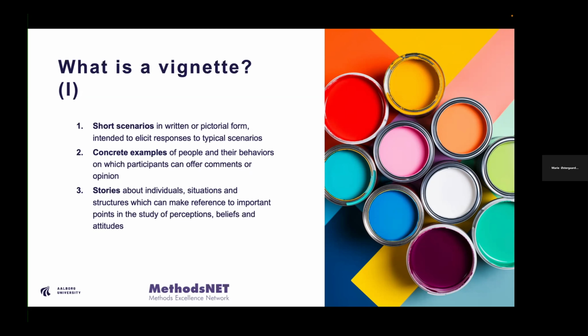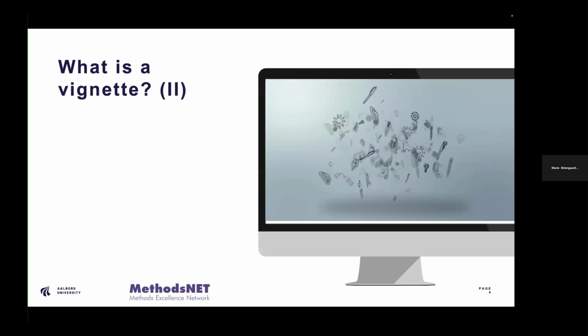So we are kind of trying to simulate a real life situation, and using the vignette, we are trying to highlight the difference between behavior and intention beliefs. So this is something that is very important and challenging in the design and construction of vignettes, and something which we will pay a lot of attention to during the course.